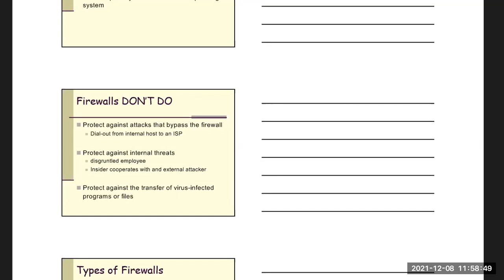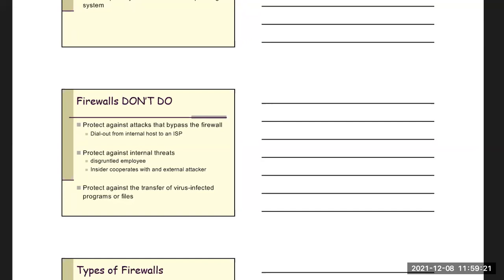Like if an insider cooperates with the external attackers, that means systems inside are cooperating with the external attacker. In that case, internal threats are there, and the firewall will not be able to handle that. Why? Because it will only protect against the transfer of virus-infected programs or files.